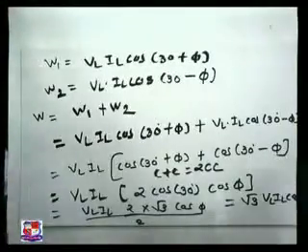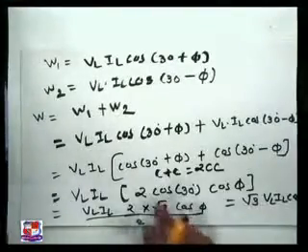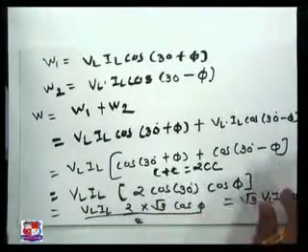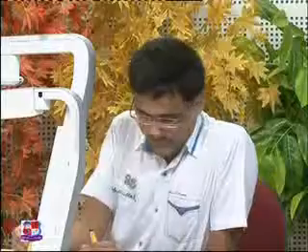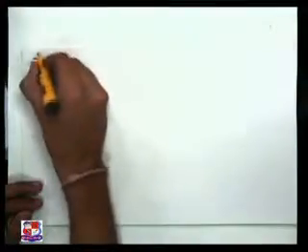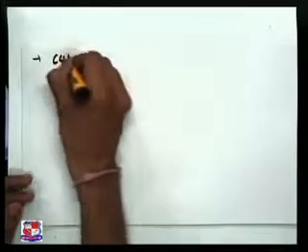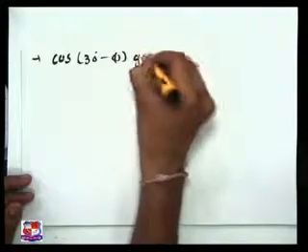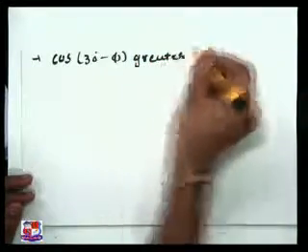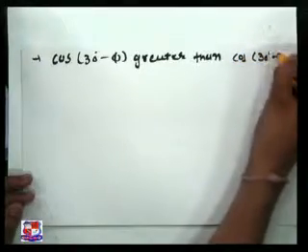This gives the total instantaneous power in the 3 phase balanced load, with the power factor of the load. And next, if we take the difference of the 2 readings, cos(30 − φ) will always be greater than cos(30 + φ).